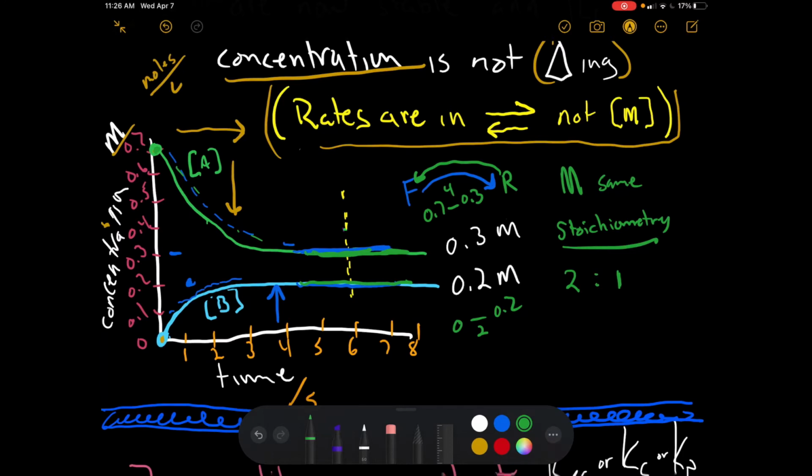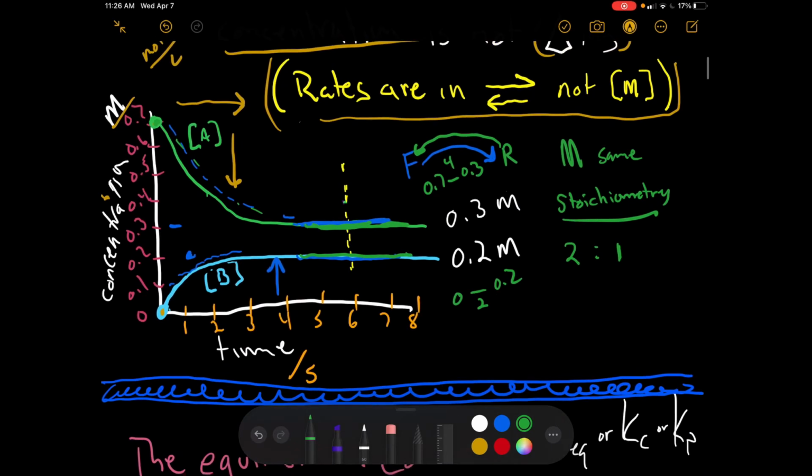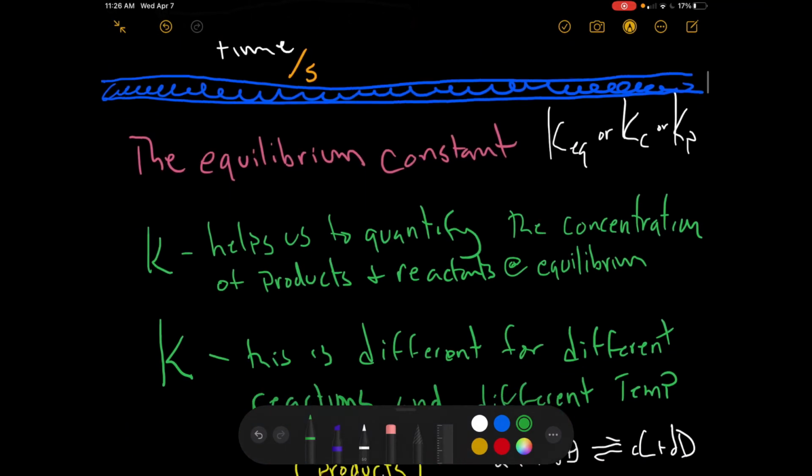So that's a general understanding of the definition of equilibrium, how to view a graph and see what equilibrium would look like on it, and pull out the stoichiometric molar ratio. So let's move on and talk about the equilibrium constant.